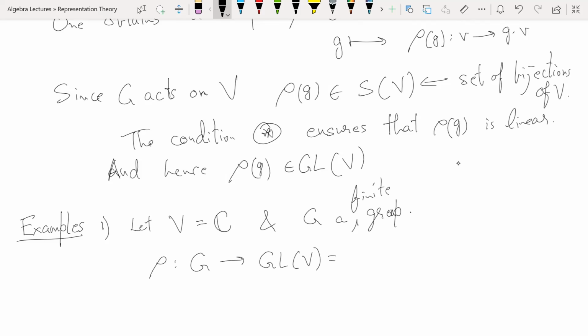What are the invertible linear maps of C? C star, yeah. So it's a 1 by 1 matrix which is invertible, which means you take every invertible element of C. So it's C star, and rho is a group homomorphism.